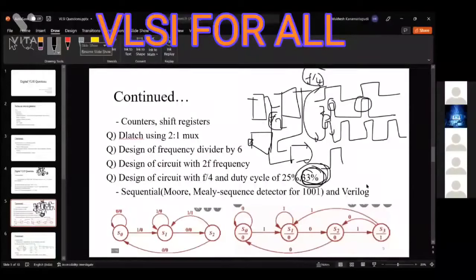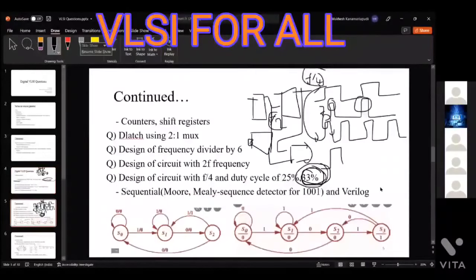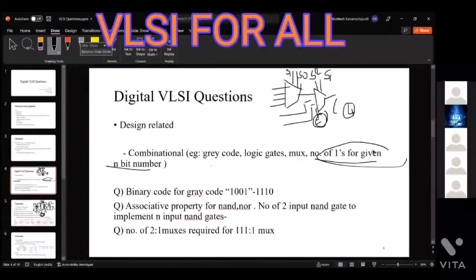Anyone have any questions now? One small thing: anyone have a rough idea of how to find the number of ones in a given number using a combinational circuit? Sir, the meeting is about to end within 1 minute. If anyone is having any doubt, I can explain it.